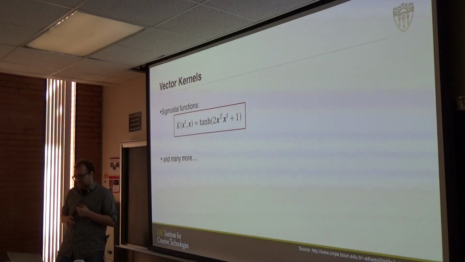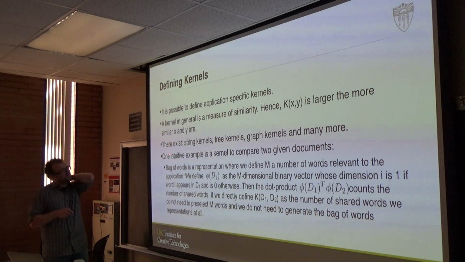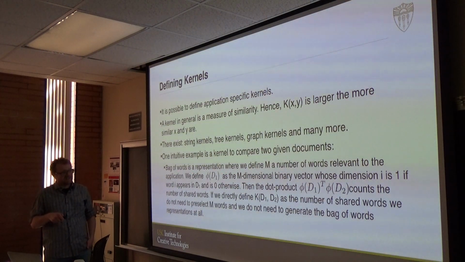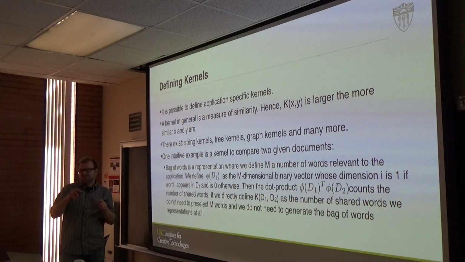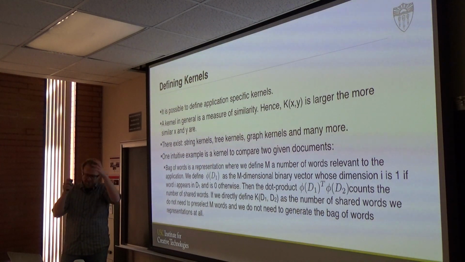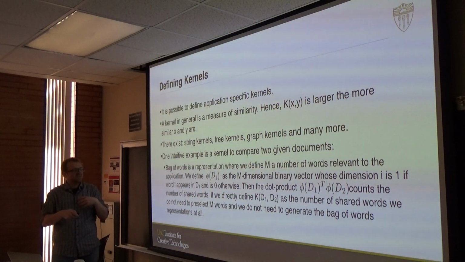Okay? And as an idea of how it looks when you define specific kernels for your application or problem, I brought this example that I mentioned earlier. So bag of words representations, as we had, like one hot vectors, a million dimensional or 100,000 dimensional vector, and only a few of them are set to 1 because these words are actually in your document.